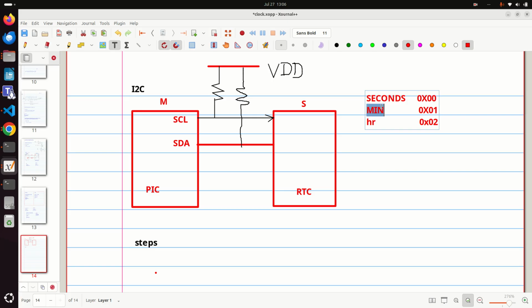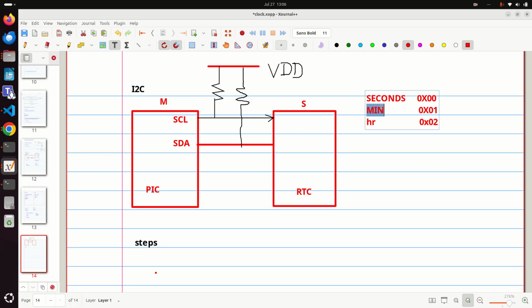These registers, the seconds register is going to store the seconds inside it, and that must be present at address 0x00. And also we have the minutes register, hours register, like that.